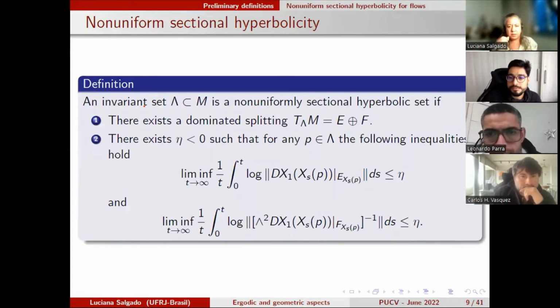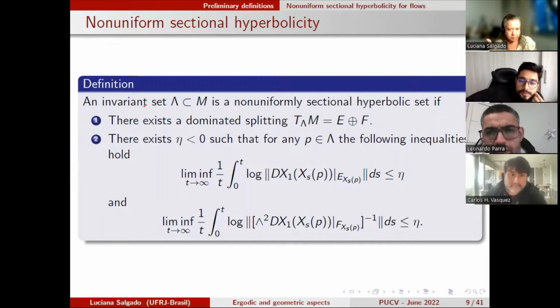And in the second year of my PhD, I worked with Alexander Arbieto, and I made the following definition. The non-uniform sectional hyperbolic set is the one which presents the following properties. It is dominated. We have the decomposition into subbundles, dominated.